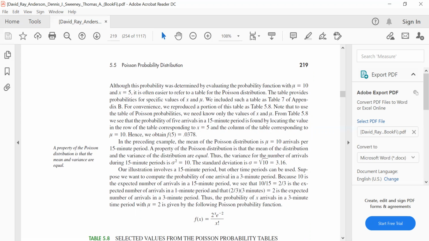The table provides probabilities for specific values of x and mu.